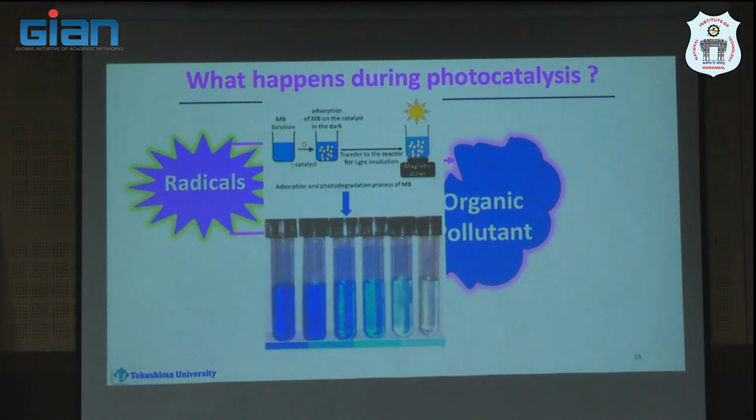So this is the basic thing that happens during photocatalysis. In short, I will explain again. When you put light on the photocatalyst, the charges get excited, positive and negative. The negative electron charge reacts with oxygen, the positive charge reacts with H2O, and then it creates OH radical.